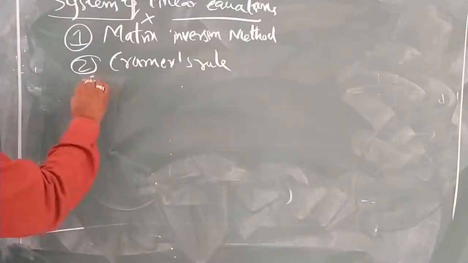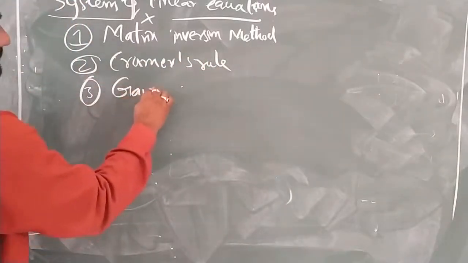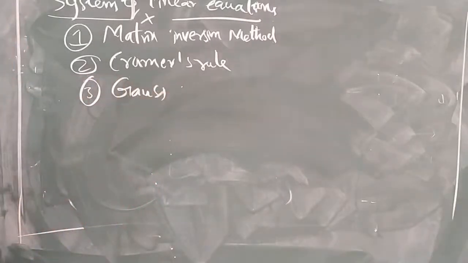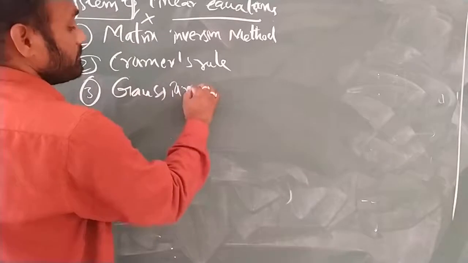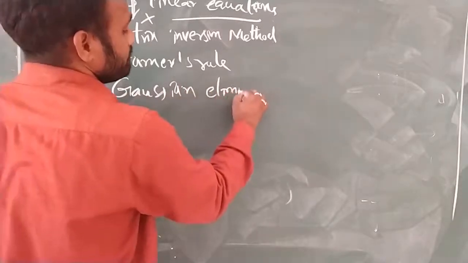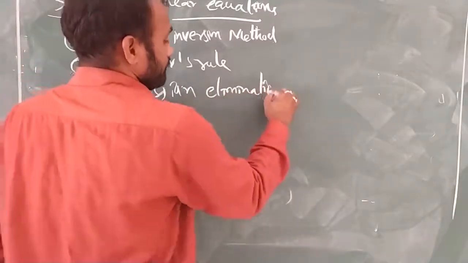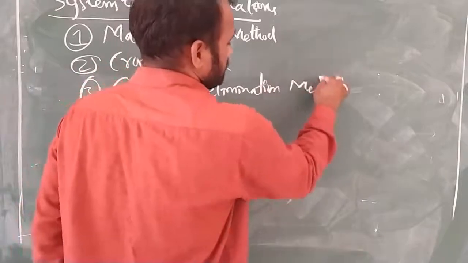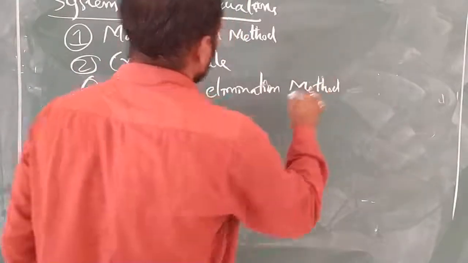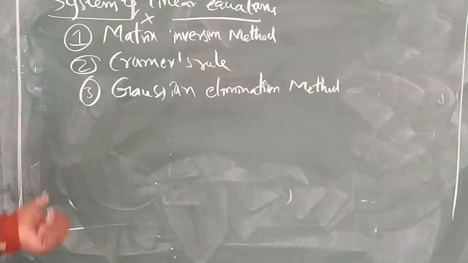And the third method is the Gauss elimination method. Today we will see what the matrix inversion method is and how to do it.